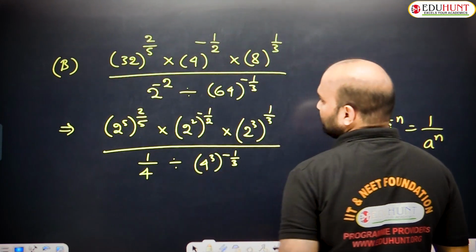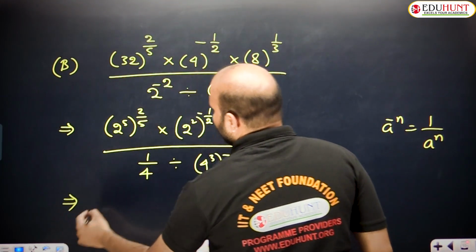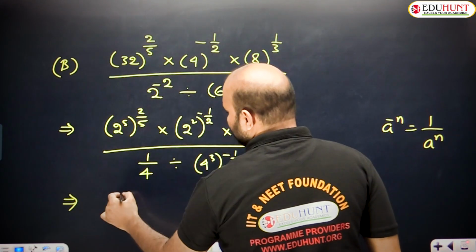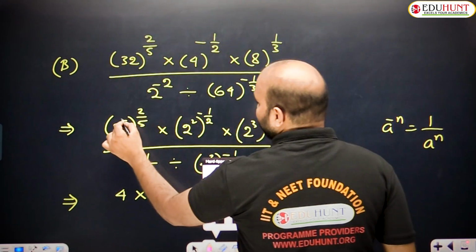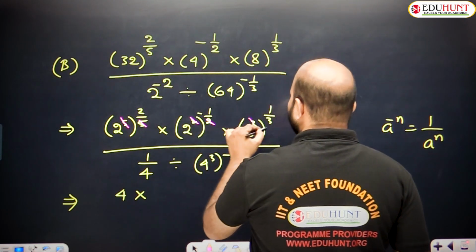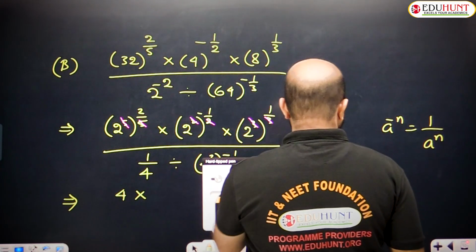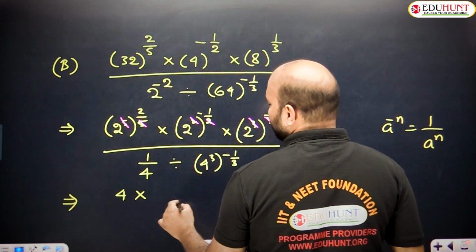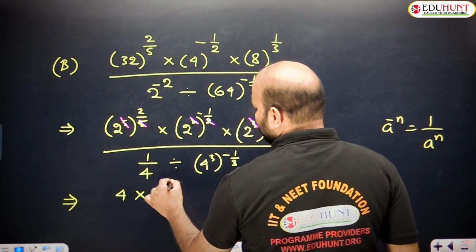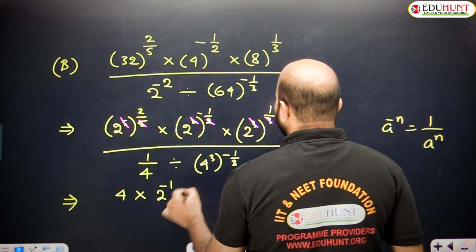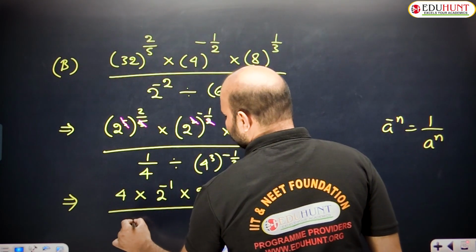Yes, here 5 cancels. a power m whole power n is a power m into n. So 5 cancels, 2 square is left, and 2 square value is 4, into, am I clear? Here 5 cancels, here 2 cancels, here 3 cancels. So which one is left? Here 2 square, nothing but 4, here 2 power minus 1, so 2 power minus 1, into 2 only left, whole by 1 by 4.